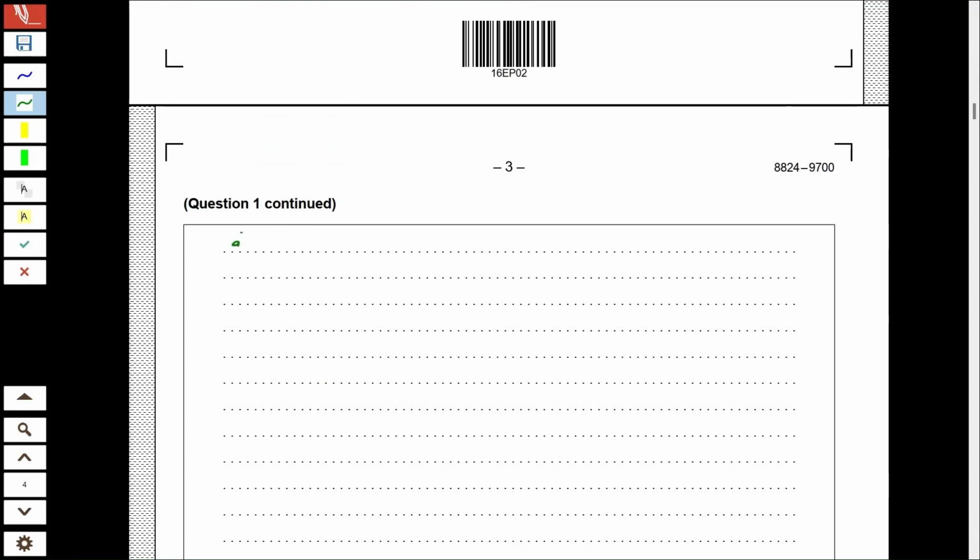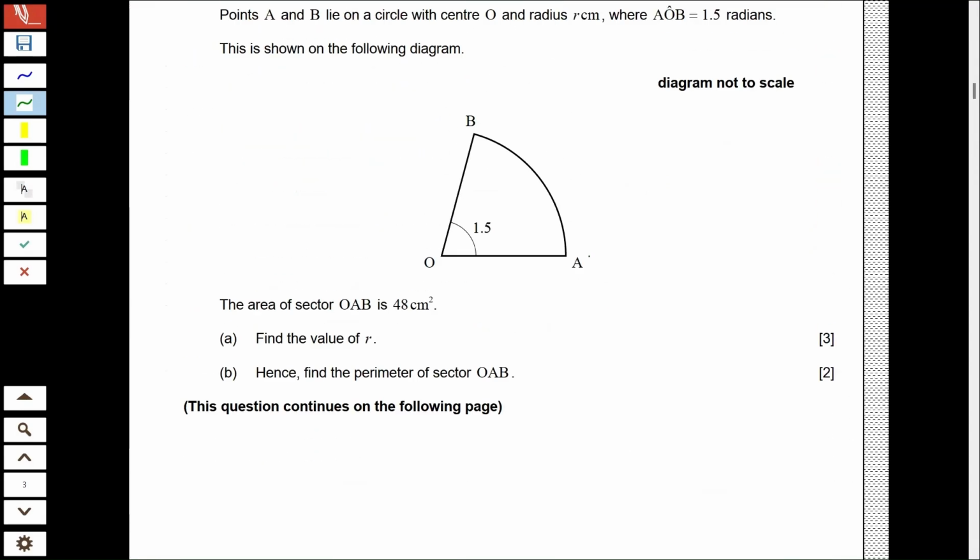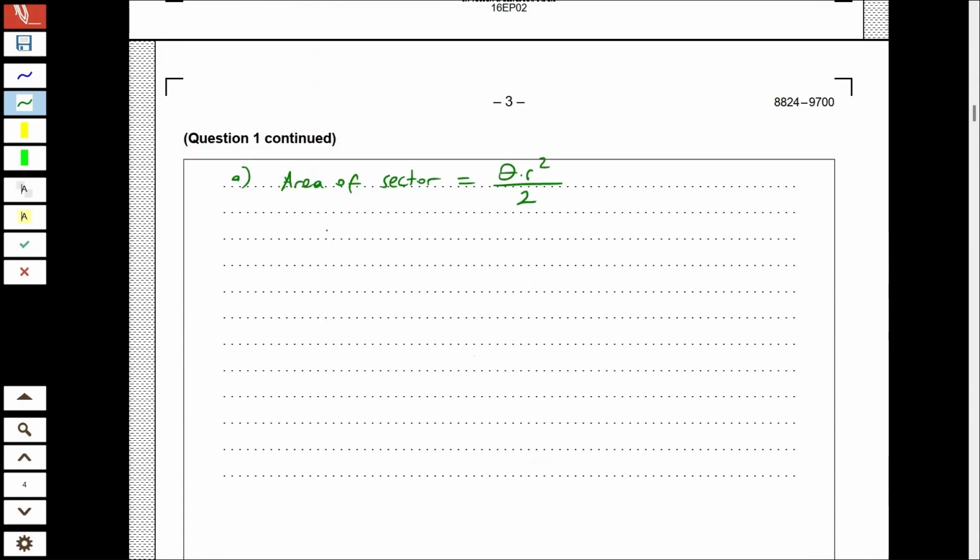So what is the area of a sector? It is theta times R squared divided by 2. You can also check from the formula booklet; you don't need to memorize. We know that 1.5 times R squared divided by 2 equals 48.